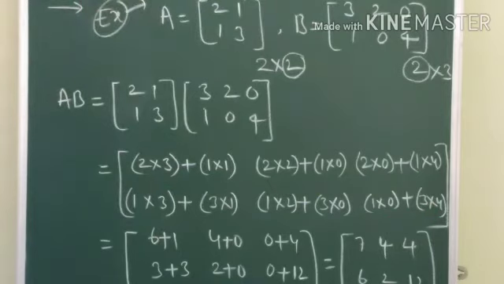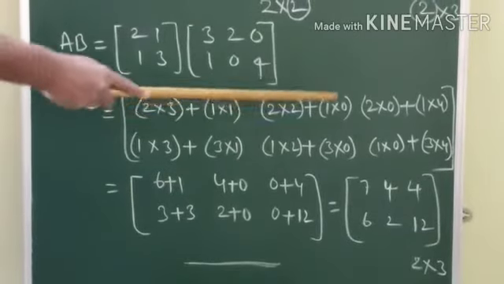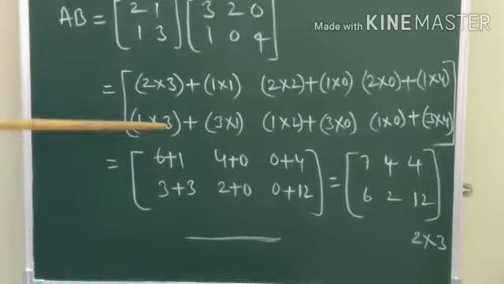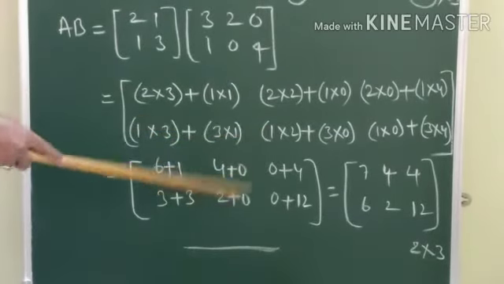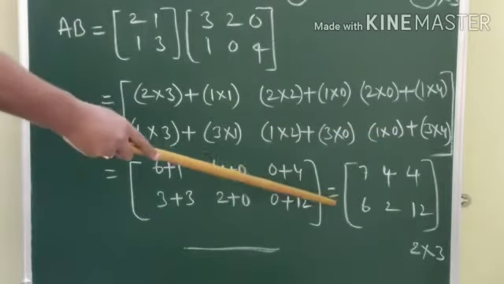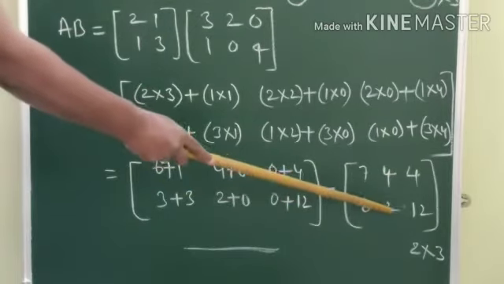Now let us simplify this. 2 threes are 6 plus 1 into 1, 1; 4 plus 0; 0 plus 4; 3 plus 3; 2 plus 0; 0 plus 12. Finally we get [7, 4, 4; 6, 2, 12].